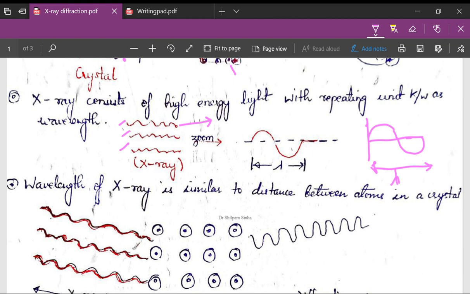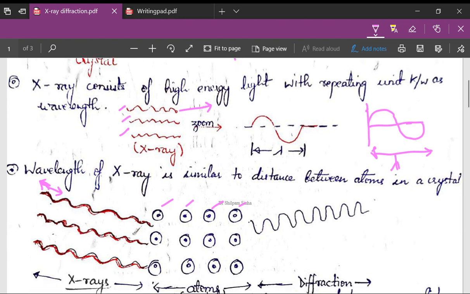This wavelength of X-ray is similar to the distance between the atoms in the crystals. You see, these are atoms in the crystals.